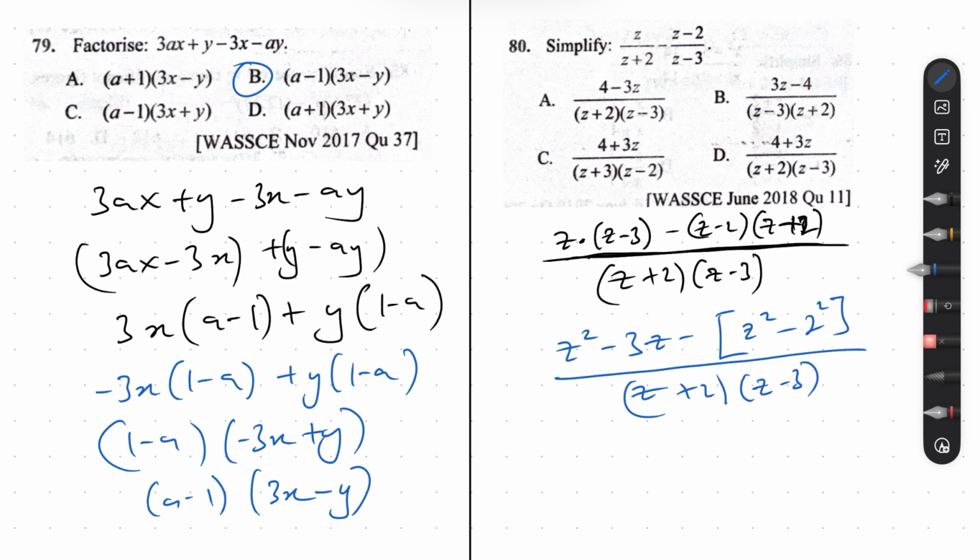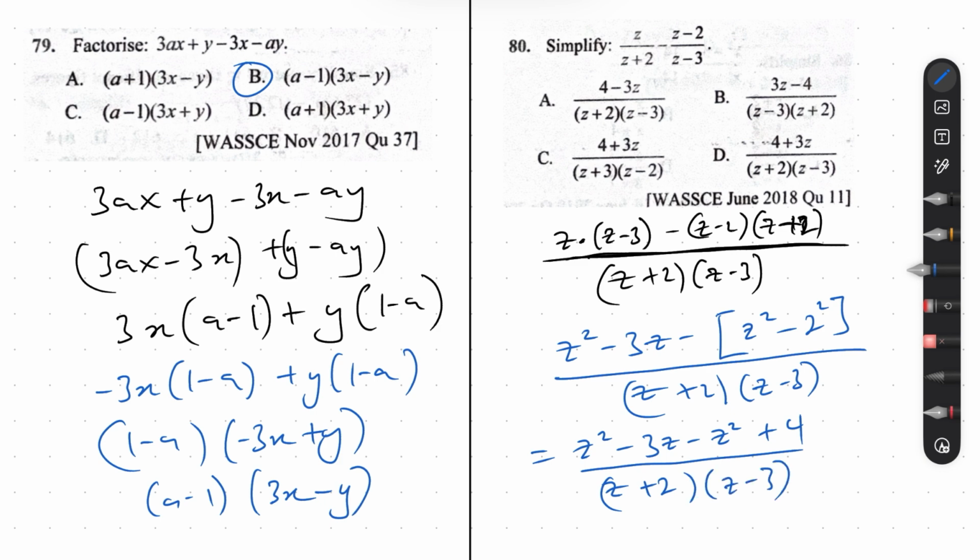Okay, so now let's simplify. So we have z squared minus 3z minus z squared plus 4, all over z plus 2 multiplying z minus 3.